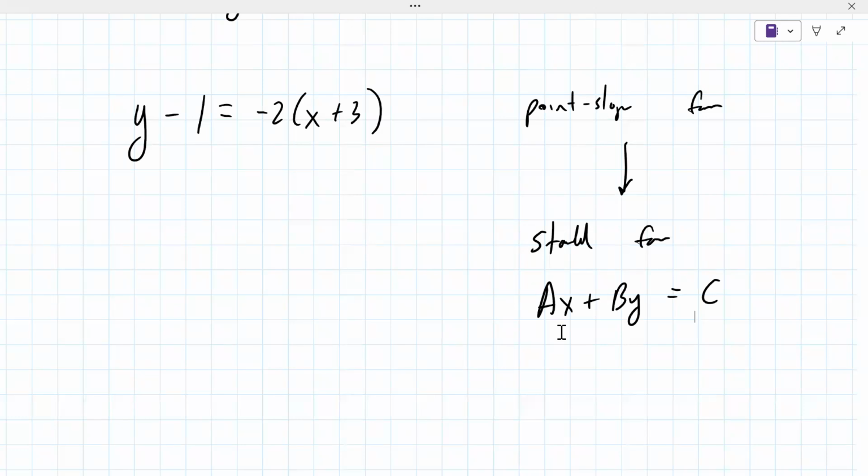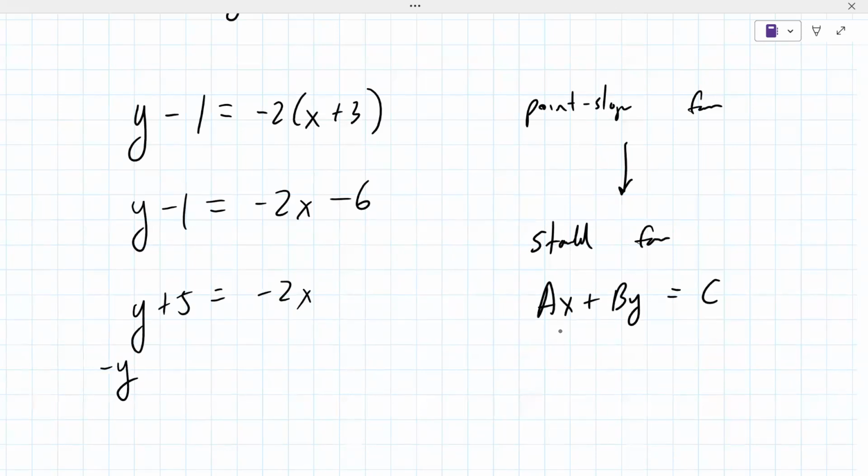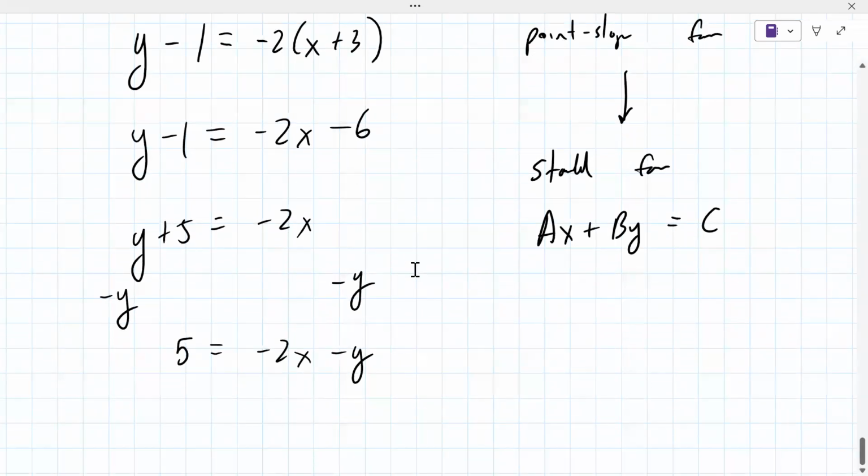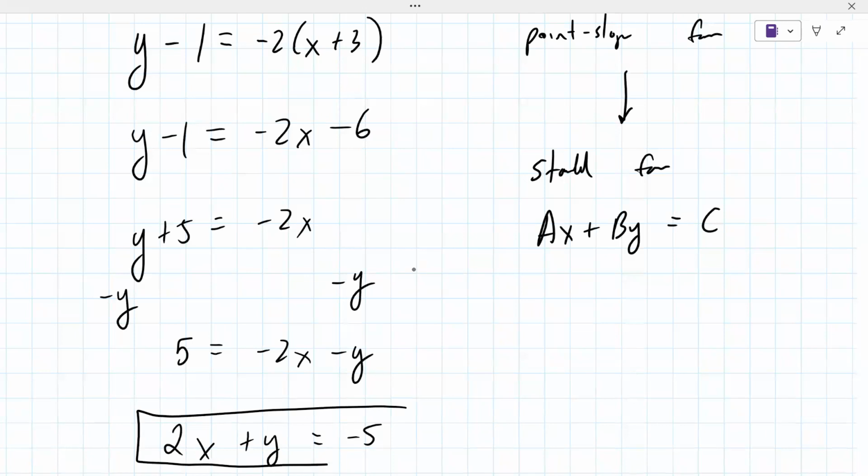Yeah, so it sounds like you moved the y to the right, like you added 6 to both sides and then subtracted the y. Is that what I heard? I distributed and then I moved the x over to the other side first. Okay. Yeah, so it should be 2x plus y equals negative 5 is your final answer.